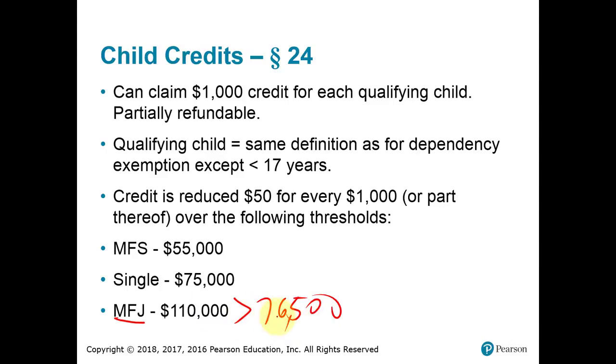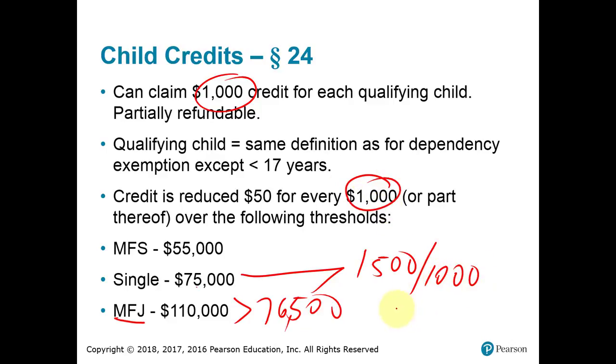So we don't have a phase out. But let's say the filing status was single for whatever reason in our calculations, and we're claiming one child, $1,000, because we exceed this by, let's take the difference here, 1,500, and we divide it by 1,000.